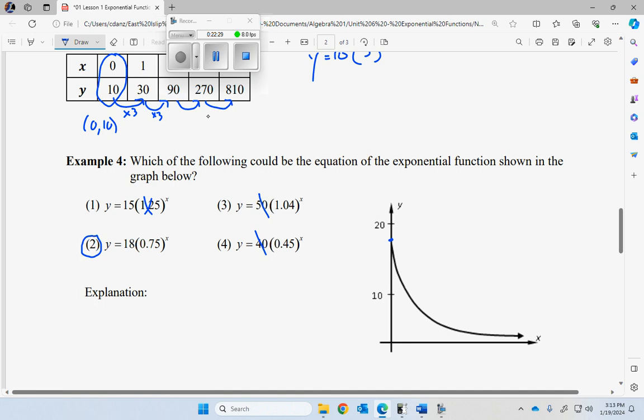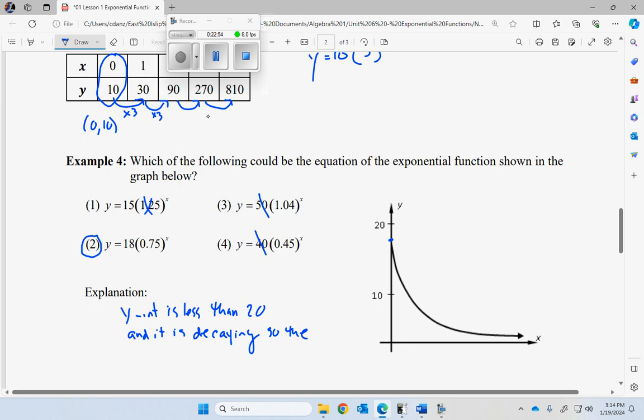So my explanation will be that the y-intercept is less than 20. And it's decaying. So the growth factor has to be between 0 and 1.